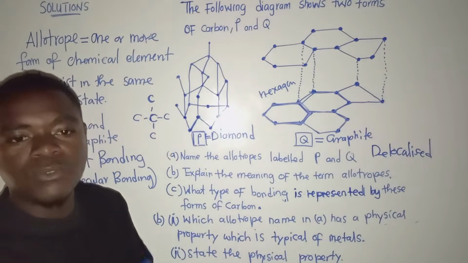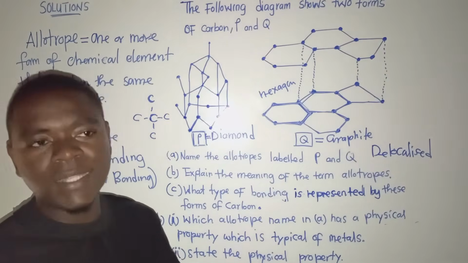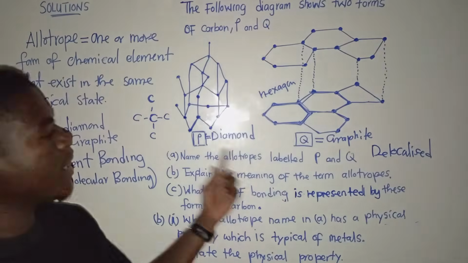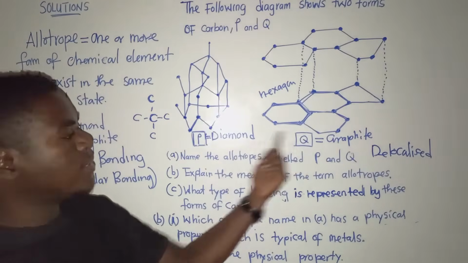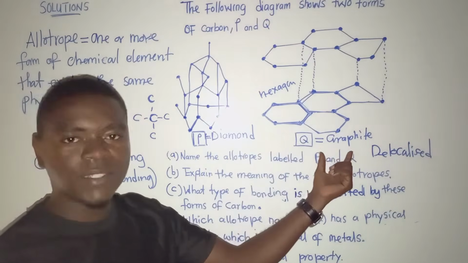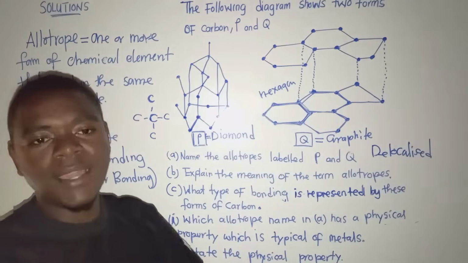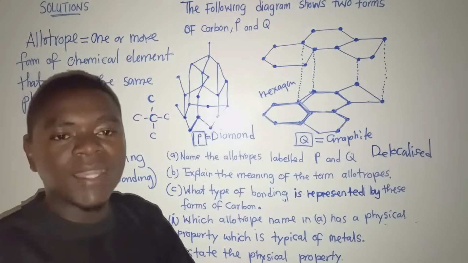Hence, they conduct electricity. So amongst these two, the one that has the property of conducting electricity is graphite. Graphite conducts electricity because it is made up of delocalized electrons.